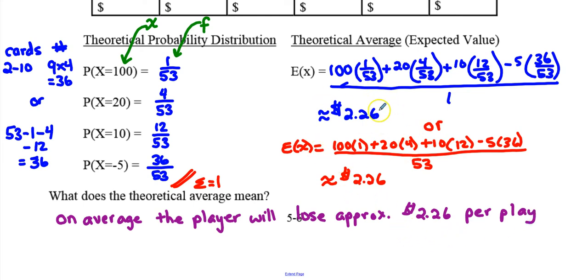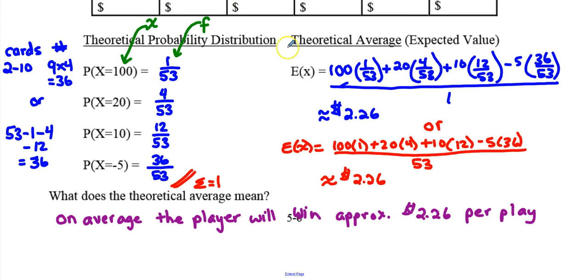So that's just for playing the game once. They're expected to win approximately $2.26 per play, because the answer is positive, so they are expected to win.